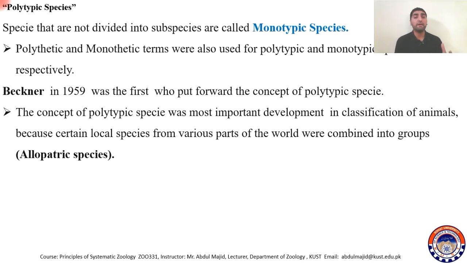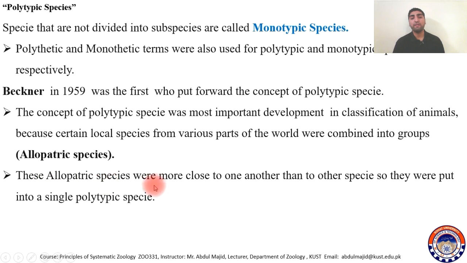So when the polytypic species concept was put forward, species from various parts of the world were combined into a group, allopatric species. These allopatric species were closer to one another because they were similar species, and more closely related to each other than to the other populations of the world.